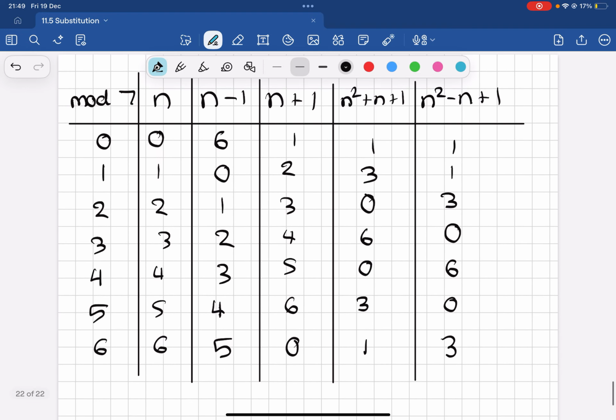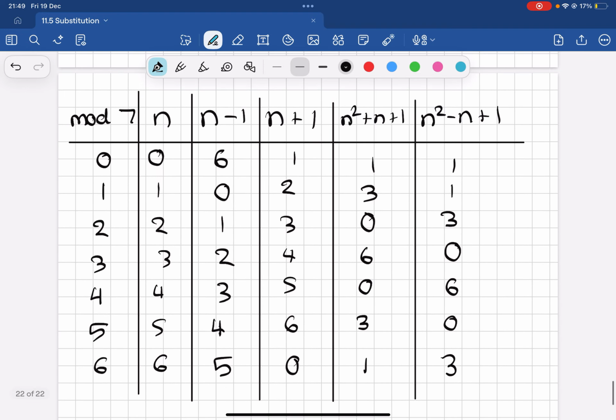Right, now we said that we need to show for each value of n that the expression mod 7 equals 0. The way we show this is that if one of our terms is equal to 0, then the rest of the expression equals 0.